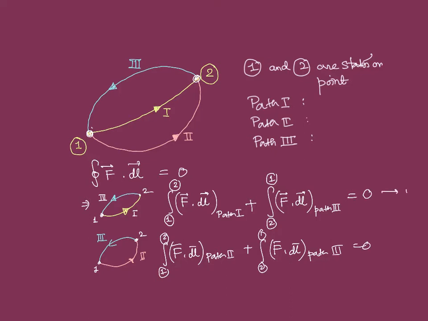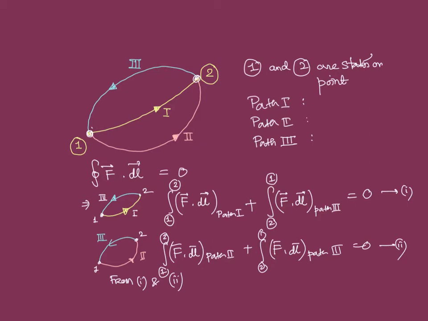Now if you name these equation 1 and equation 2, from equation 1 and 2, what do you get? You can equate one term here: the integral from 2 to 1 via path 3 is common in both.